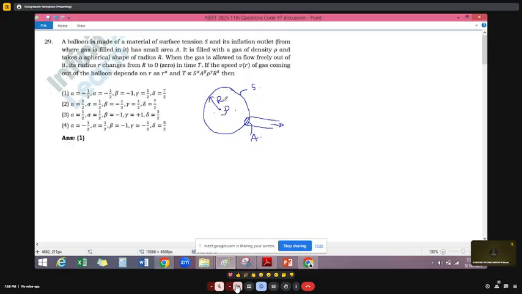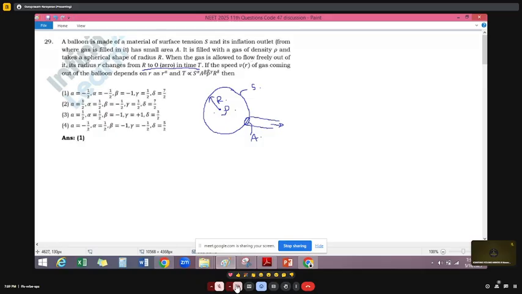When the gas is allowed to flow freely out of it, its radius changes from R to 0. So from say 10 centimeter, it's coming down to 0 centimeter in time t. If the speed v of a gas coming out of the balloon depends on r as r power a, and t, what is t? T is the time taken.